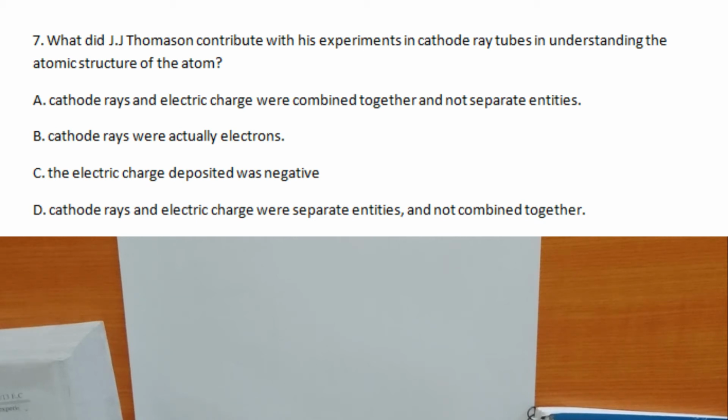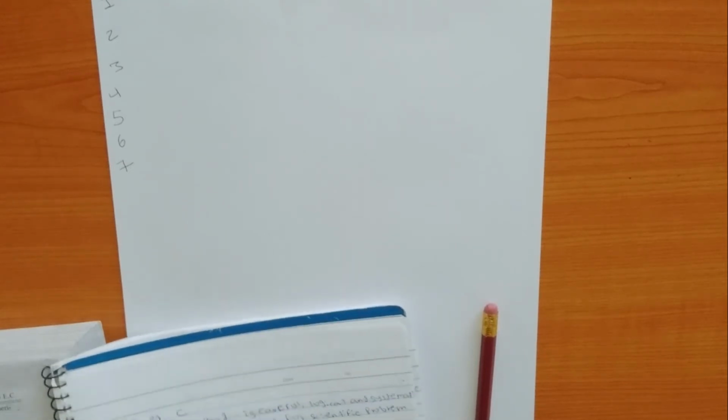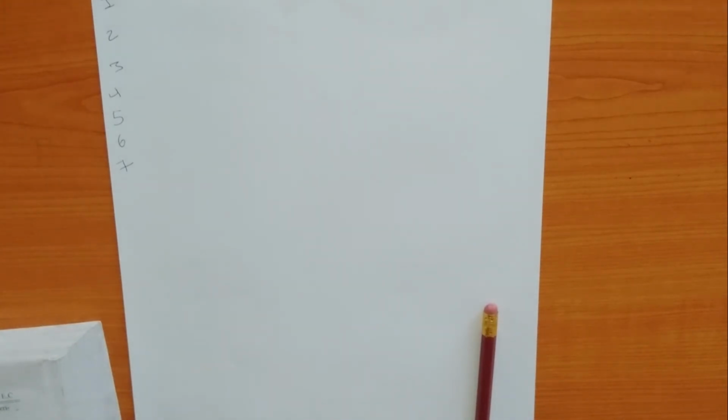D. Cathode rays and electron charges were separate entities and do not combine together. What was J.J. Thomson's experiment? J.J. Thomson's experiment with cathode ray tube showed that all atoms contain tiny negatively charged subatomic particles, or electrons. So our answer will be B. Cathode rays were actually electrons.